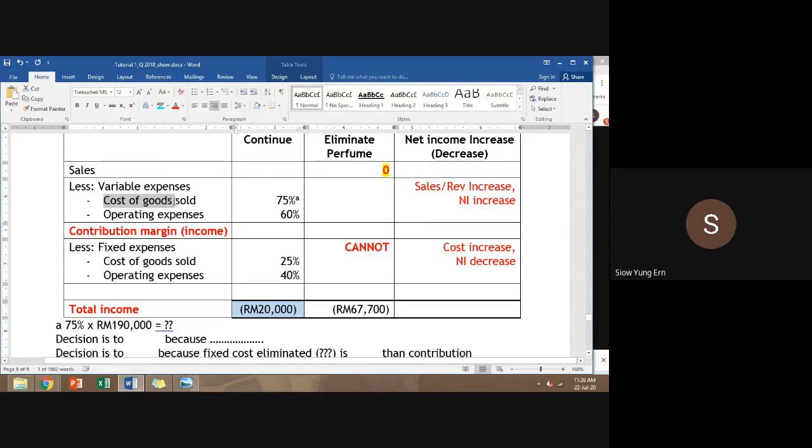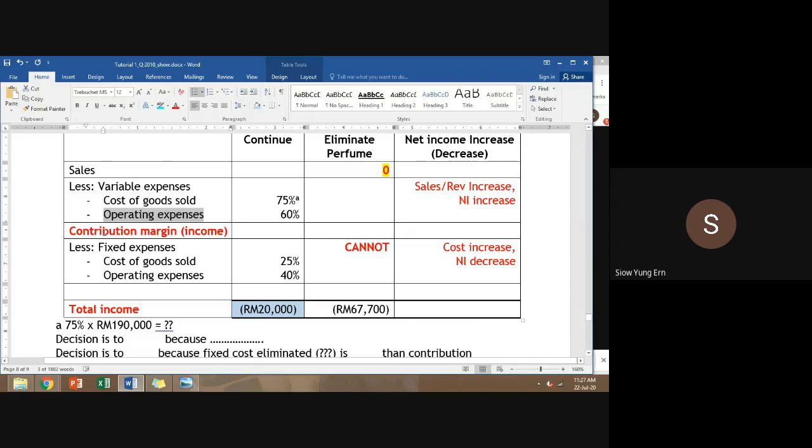So positive 142,500. Okay, next one, operating expenses. Correct. Positive 52,800. So same principle. Your cost decrease, net income increase. So 52,800.